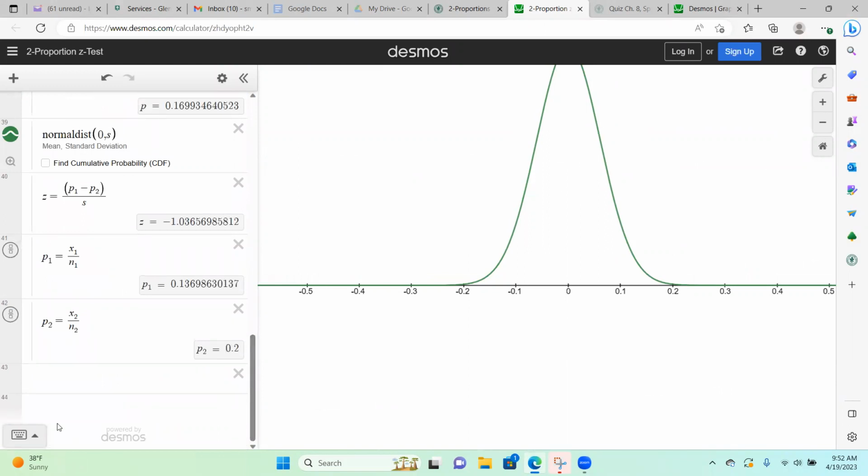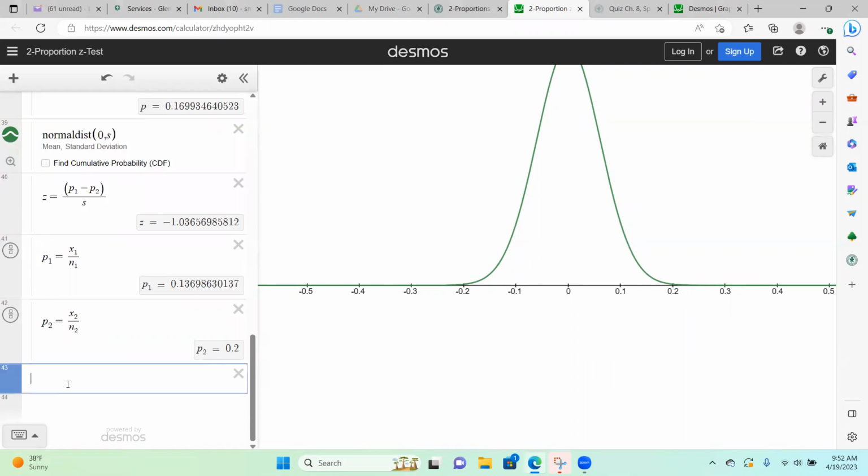So Cleveland is we're going to round that to 0.14, and then Philadelphia is 0.2. So our difference is going to be 0.14 minus 0.2, which is 0.06.